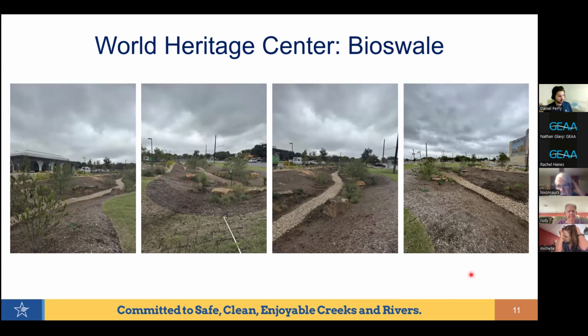It can help reduce flooding, but it also can help filter out dirt and pollution before it actually reaches the rivers or storm drains. And this is important because not only are we trying to limit flooding, we're also trying to benefit our water quality in the area. It also can be very aesthetic. You can include naturally occurring plants or plants that are from the area in these bioswales and make it environmentally friendly.